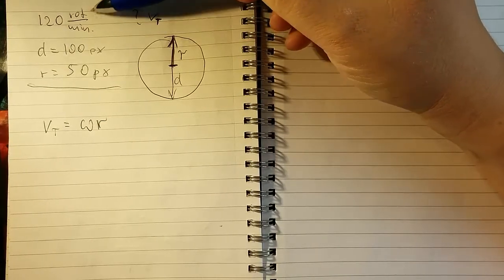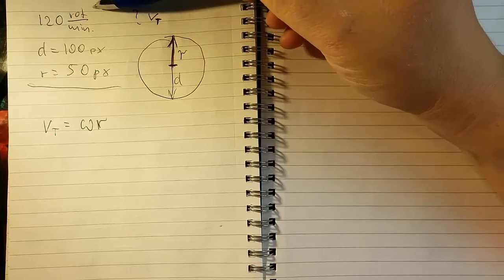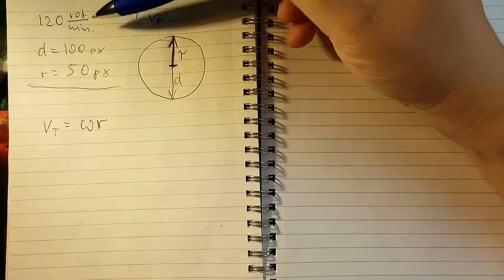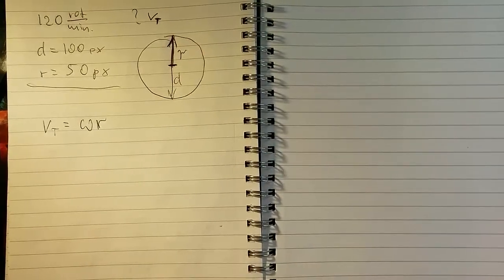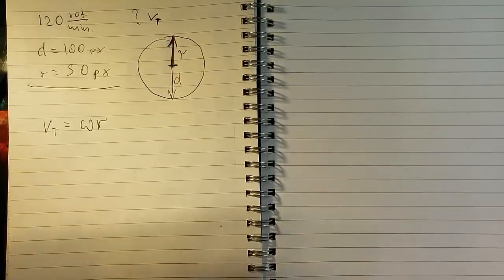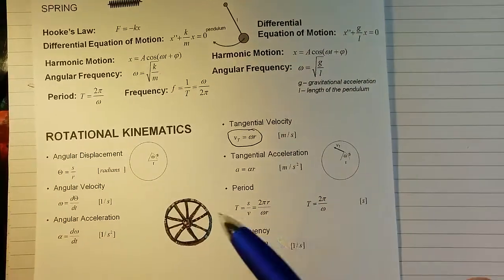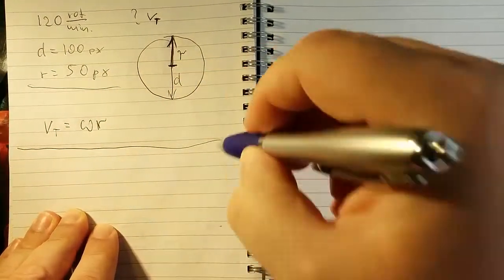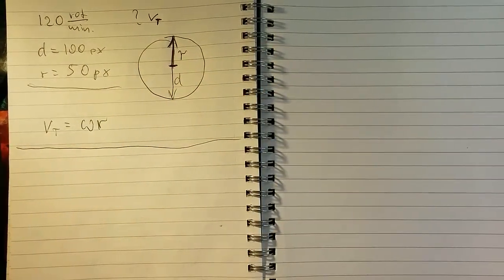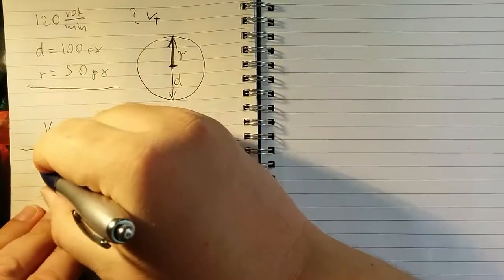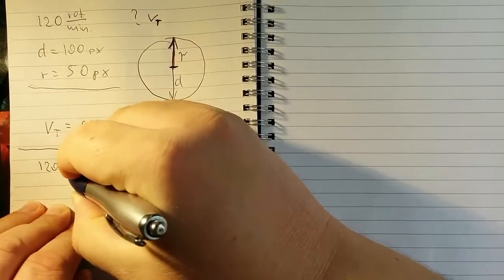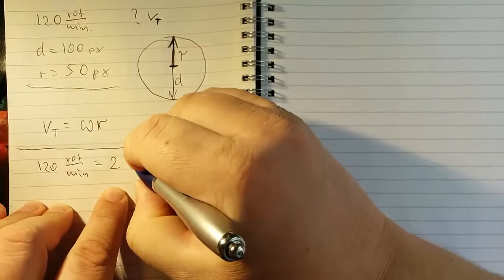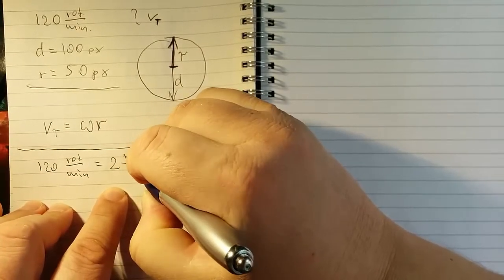There are two ways of finding what we are looking for from this. Rotation per minute is not a measurement unit that we would really like. But what we can do with these 120 rotations per minute? First of all, 120 rotations per minute is in fact just 2 rotations per second.